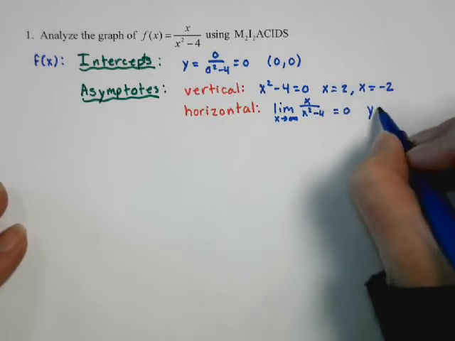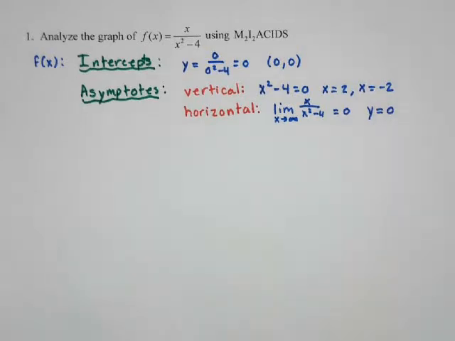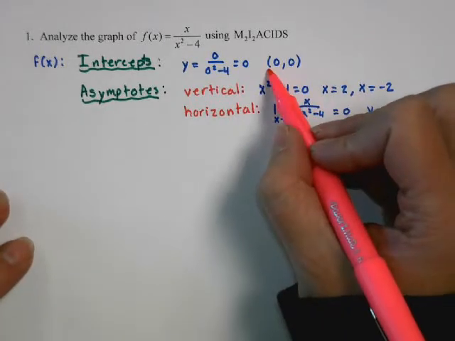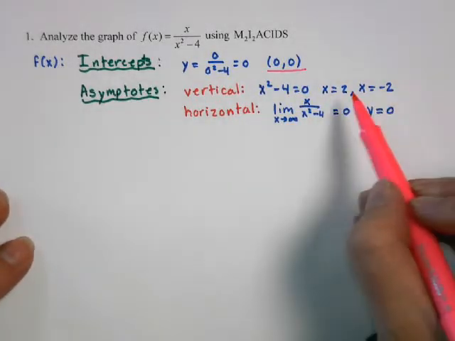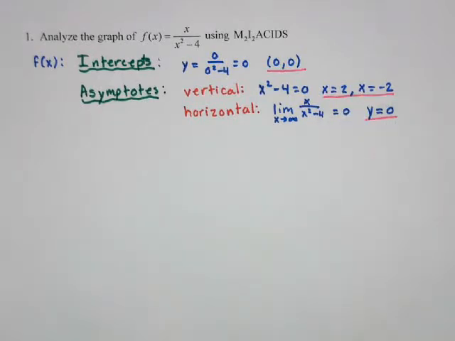So we have a horizontal asymptote at y equals 0. So I'm going to, as we populate this, highlight the things that will eventually be features of our graph. So right now we know it goes through the point 0, 0. It has two vertical asymptotes at 2 and negative 2, and a horizontal at 0.